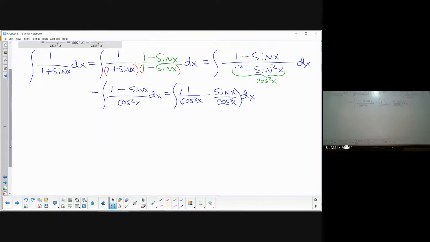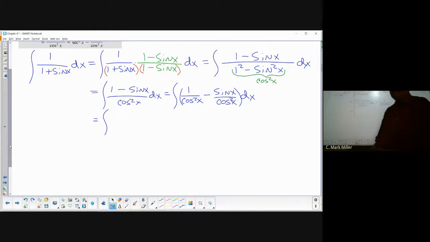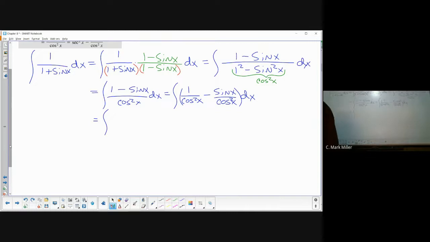What's 1 over cosine squared equal? We have 4, it's not 1. What's 1 over cosine?